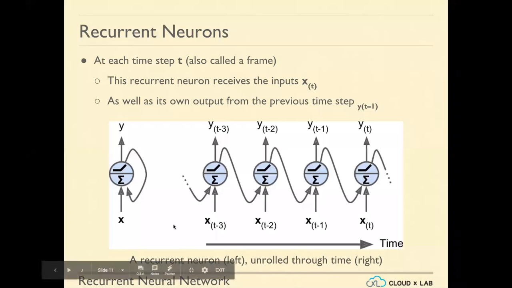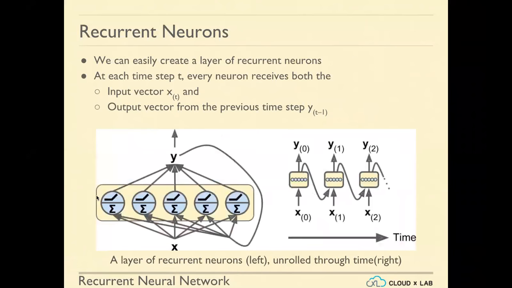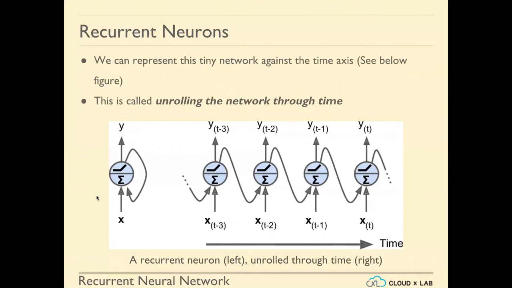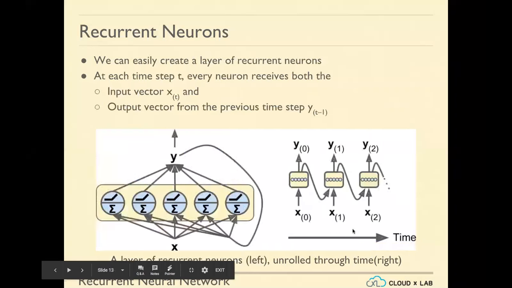The same is represented as the unrolled version here. So we can represent this tiny network against the time axis. This is called unrolling the network through time. This one is the singular representation, and the same in action is represented like this.